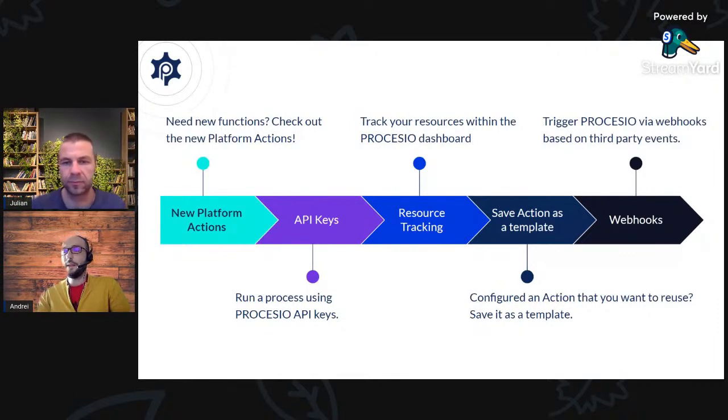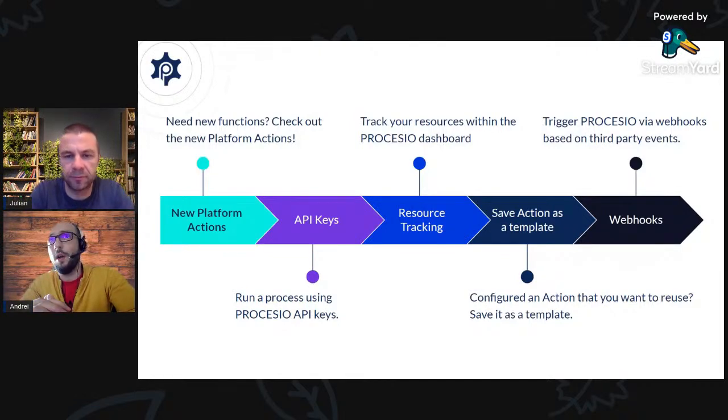Another aspect that is really worth mentioning is the fact that by bringing all these capabilities in Procesio, namely the save action as a template, it will offer us the possibility to give you predefined templates. Let's say we are talking about different CRMs, Salesforce, and other integrations.